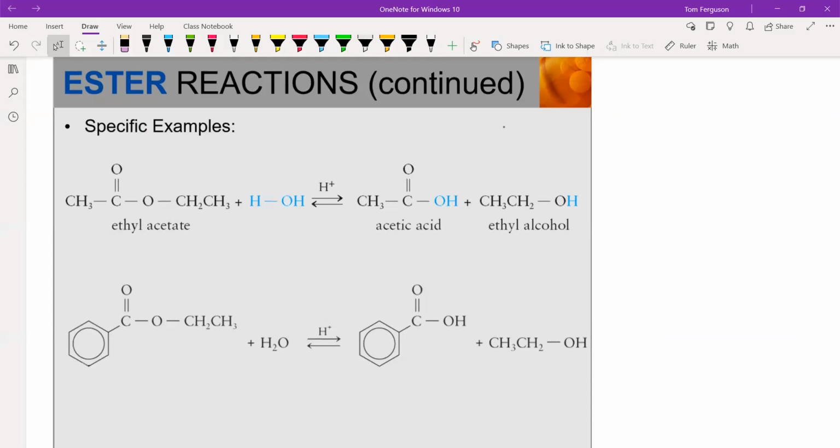So when we look at an ester, again, we need to look at its parts. Originally, this was the acid part and the alcohol part. So when it breaks up, it's going to break up into its original acid and original alcohol.